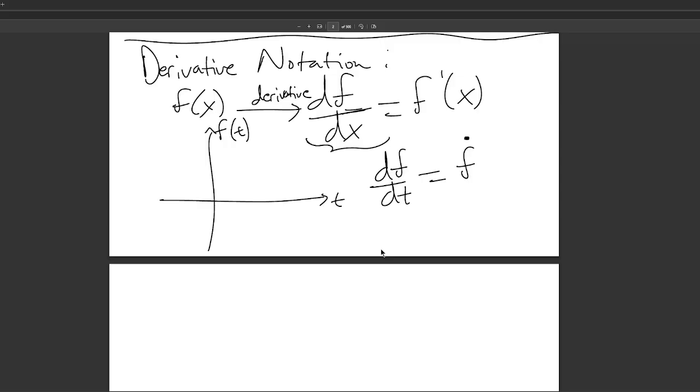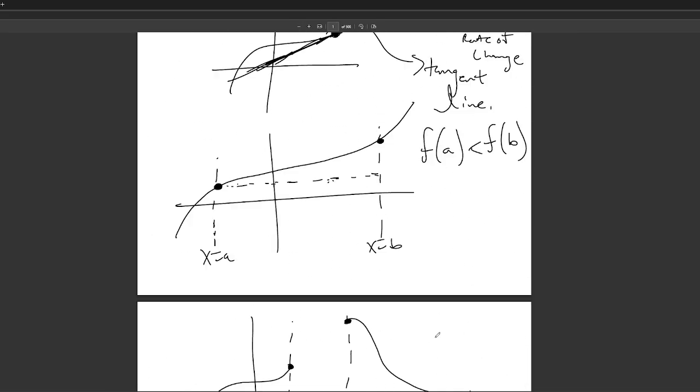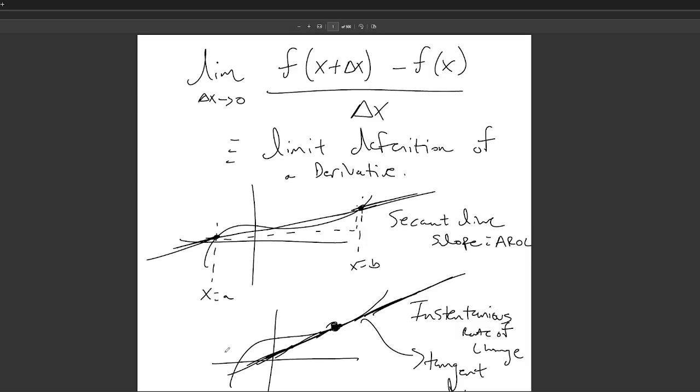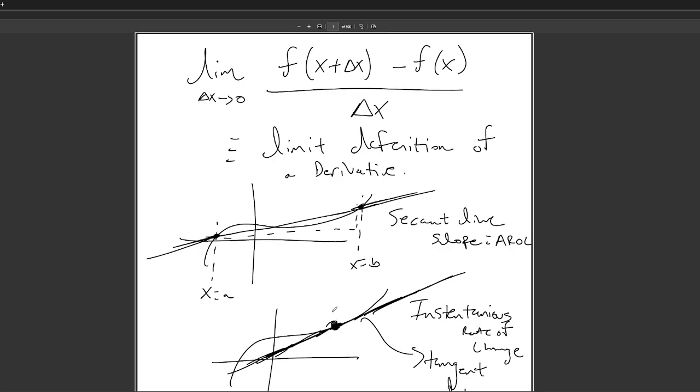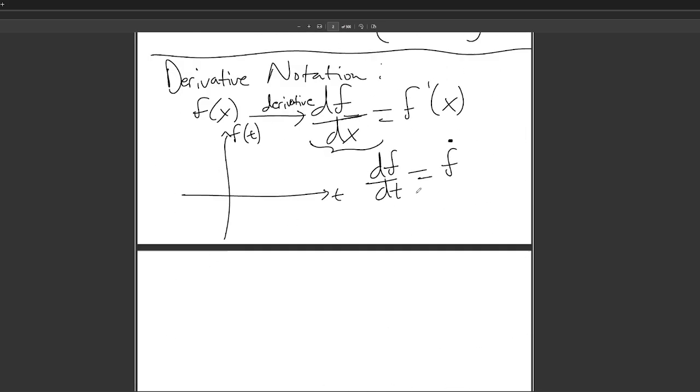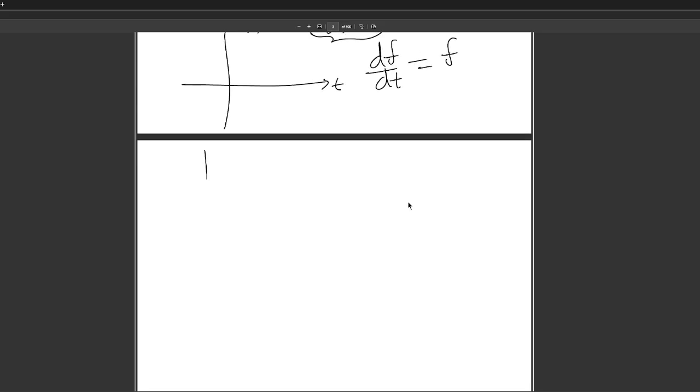Okay. So now you understood the idea of defining this instantaneous rate of change. So what does that mean? Let's say I have a car moving, so x is its position, and we have time.